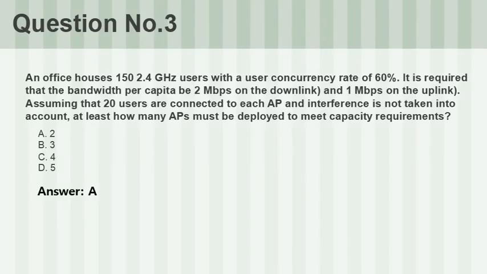Assuming that 20 users are connected to each AP and interference is not taken into account, at least how many APs must be deployed to meet capacity requirements? A. 2 B. 3 C. 4 D. 5 Answer: A.